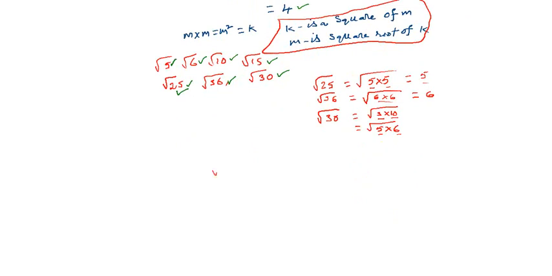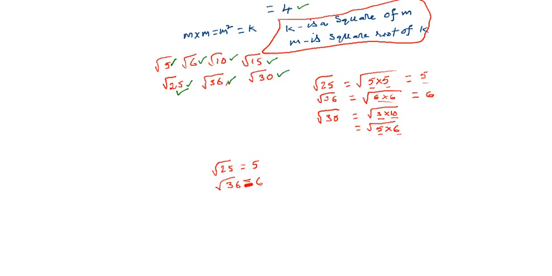Here, in the previous examples, root 25 is written as 5. Root 36 is written as 6. In these two examples, 25 is called a perfect square and 36 is also a perfect square.